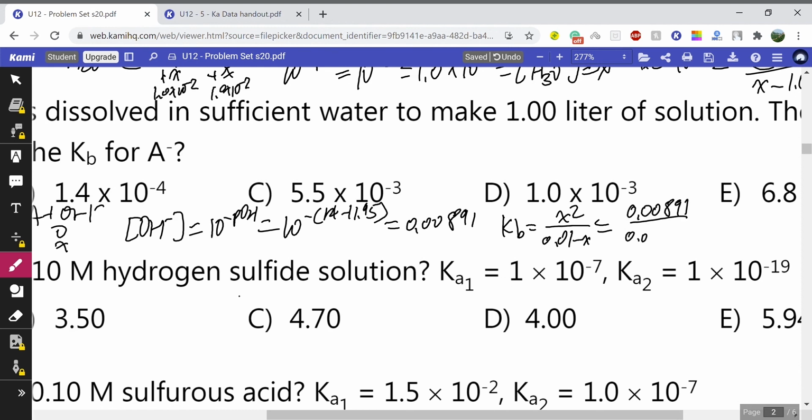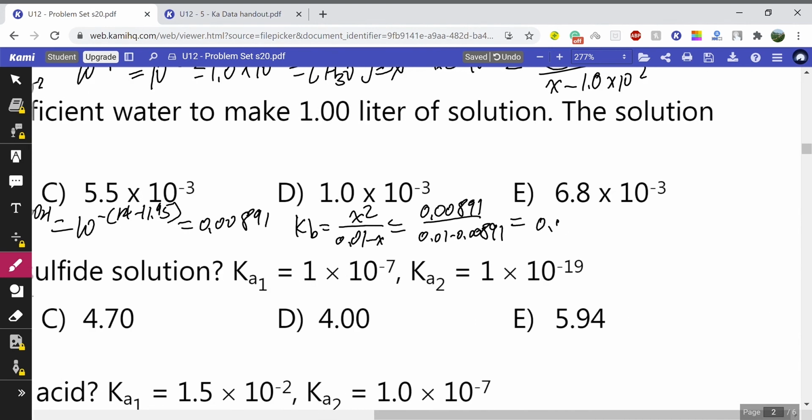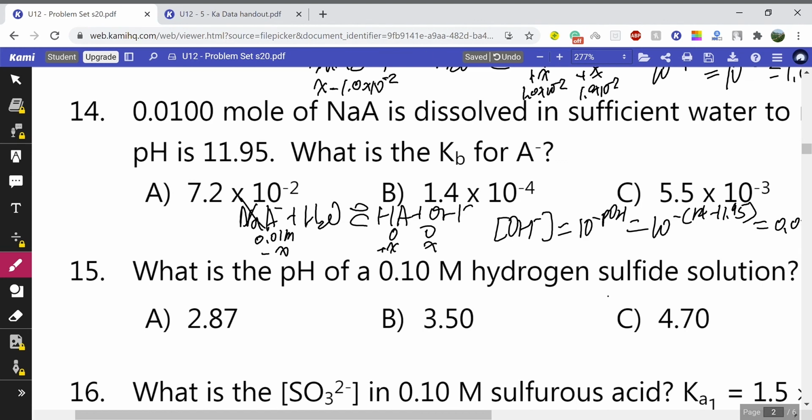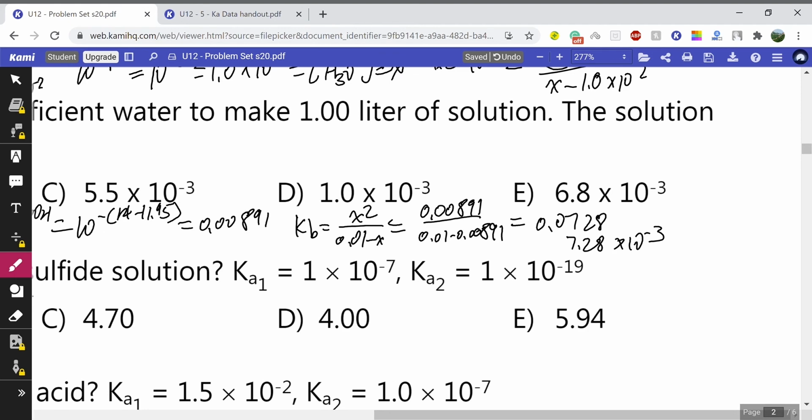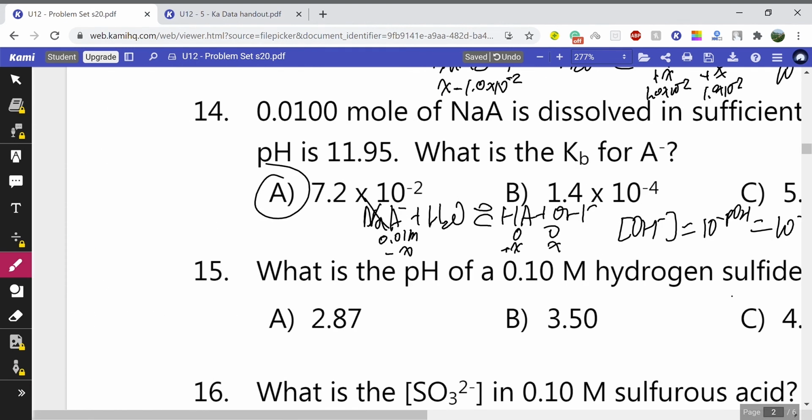So 0.00891 squared divided by 0.01 minus 0.00891, if you plug that into your calculator, gives us 0.0728, which is 7.28 times 10 to the negative second power, which is our answer choice for A.